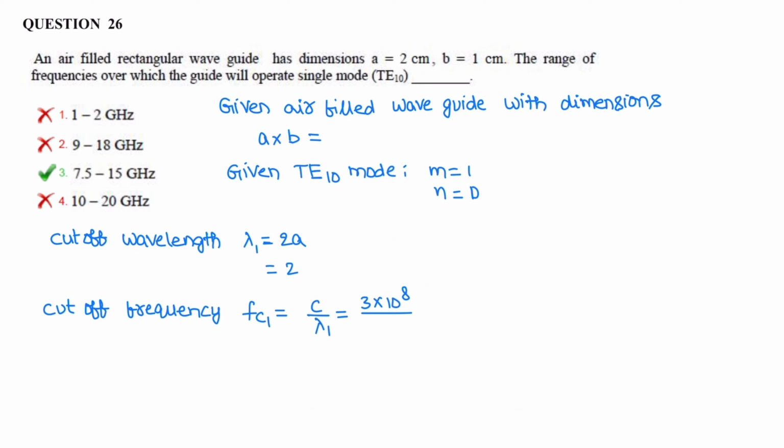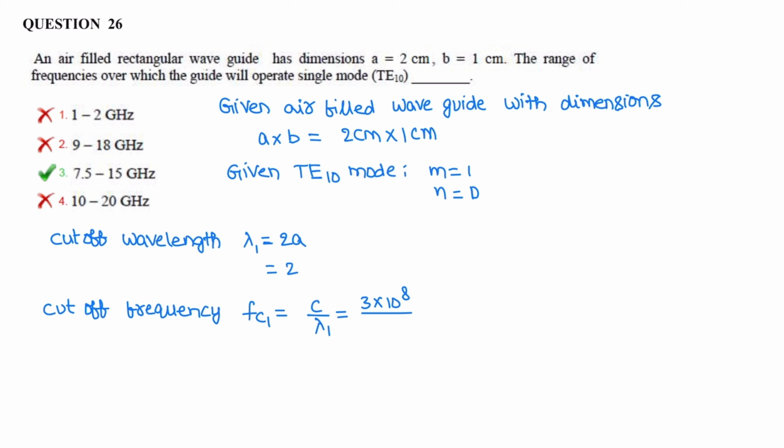Question number 26. An air-filled rectangular waveguide has dimensions of 2 centimeter and 1 centimeter. The range of frequencies over which the guide will operate in single mode, TE10 mode of operation, is asked. So in the question they have given an air filled waveguide with dimensions 2 centimeter by 1 centimeter, and the given mode is TE10 mode.